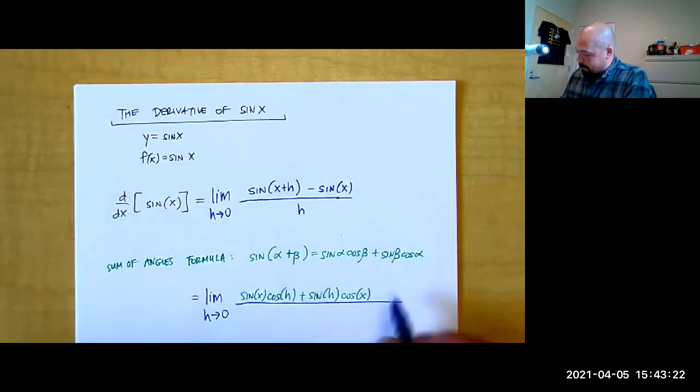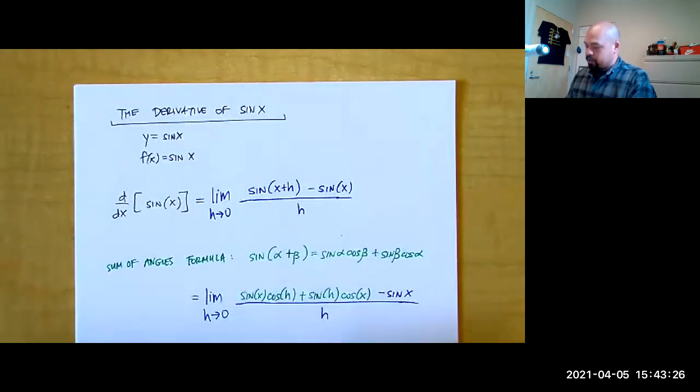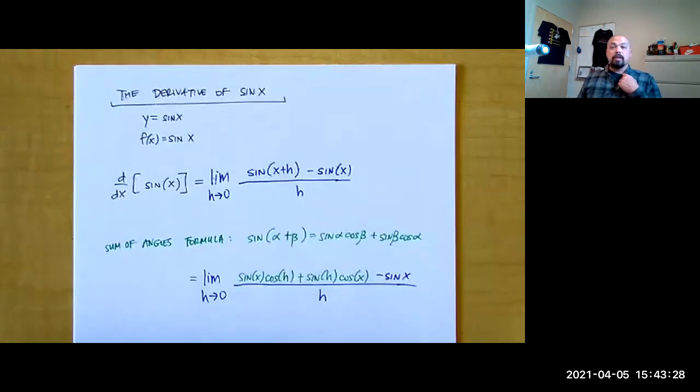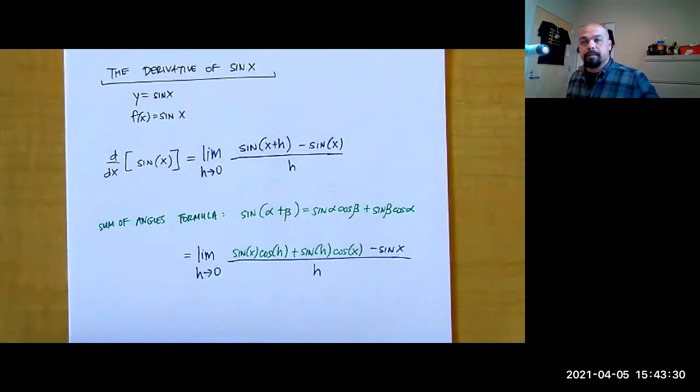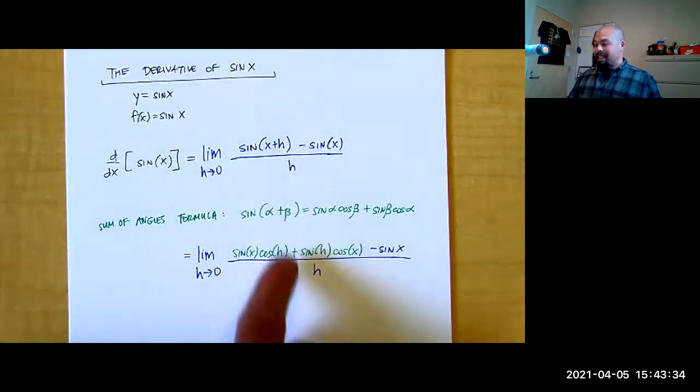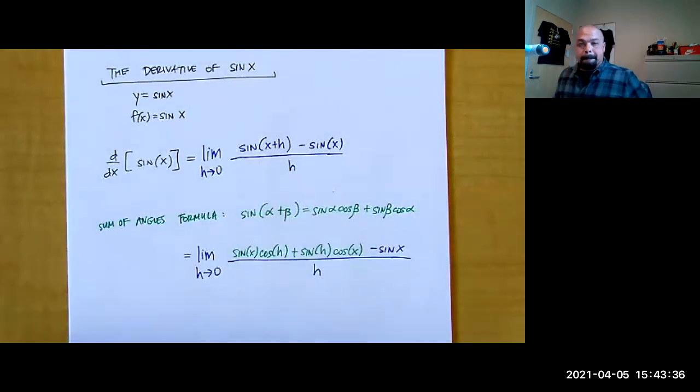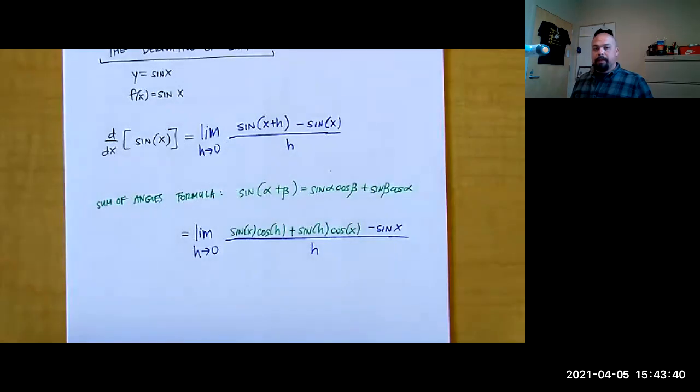Then I still have that minus sine of x all over h. So there's the big trick here, the algebra trig step, using this identity, this formula, to make that swap.